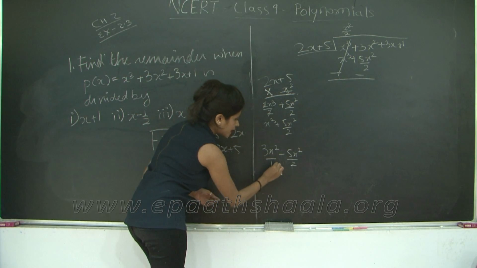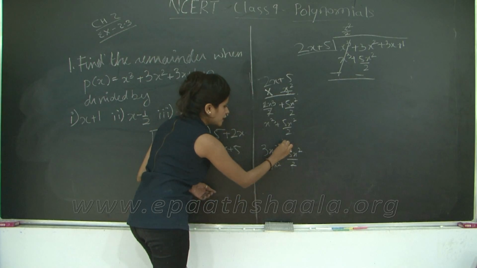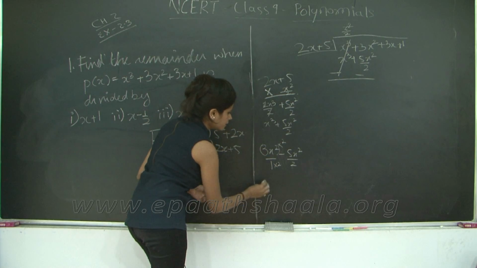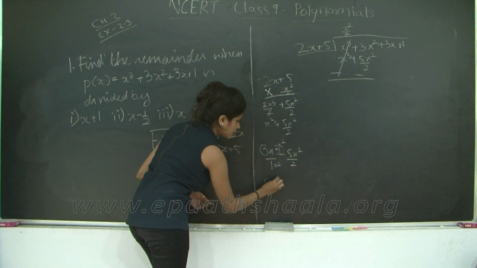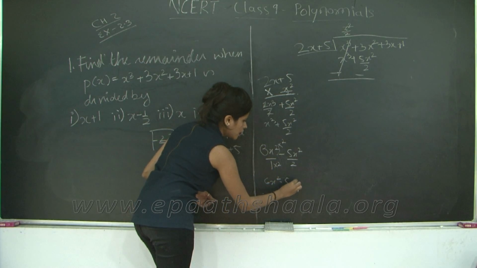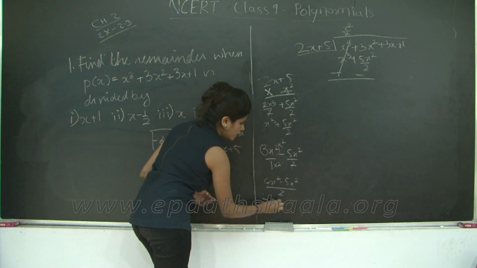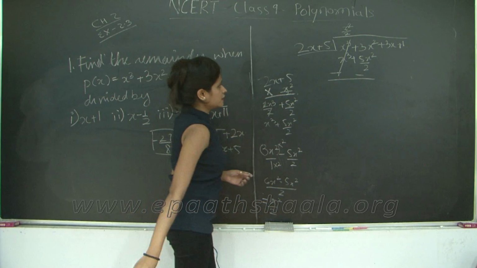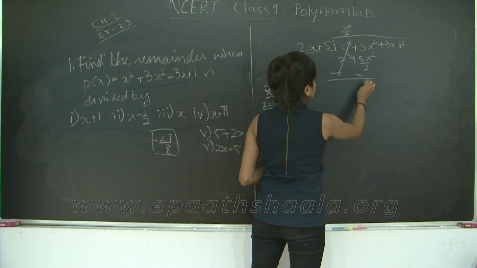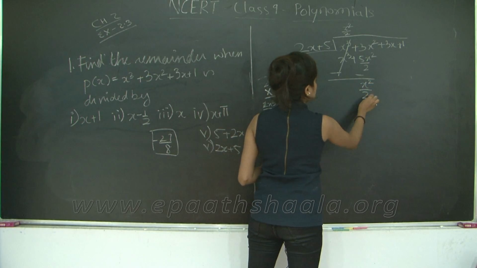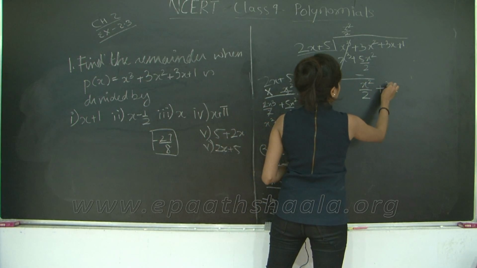So you multiply this by 2 to make the denominator common. So this will be 6x square minus 5x square upon 2, which is nothing but x square upon 2. So you get x square upon 2 plus 3x.